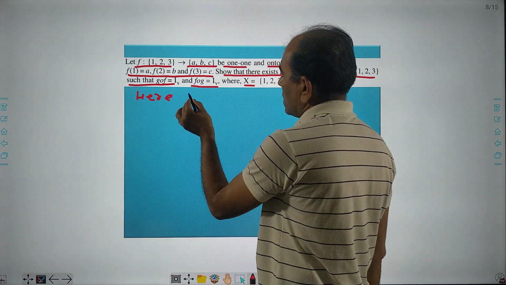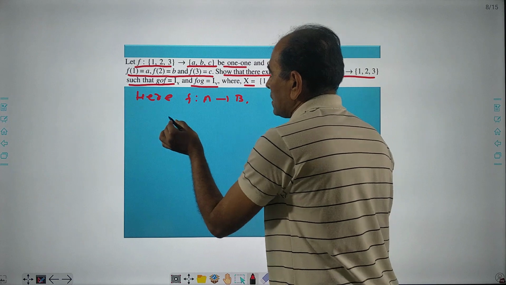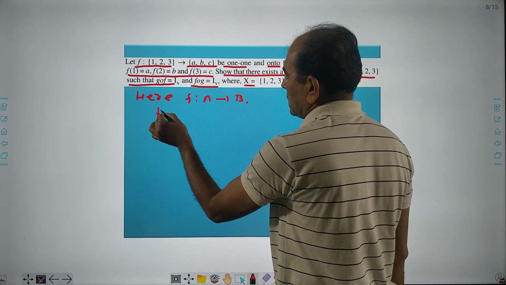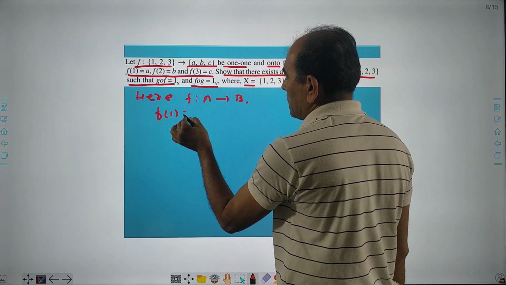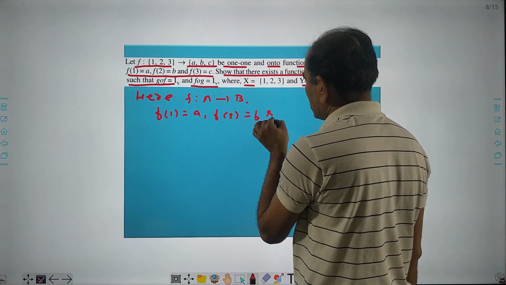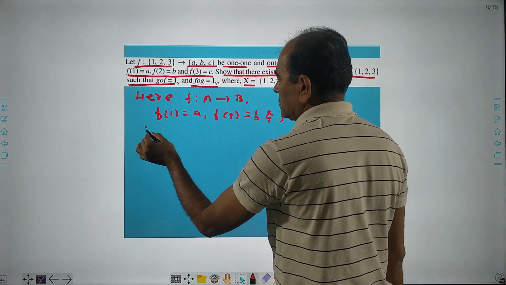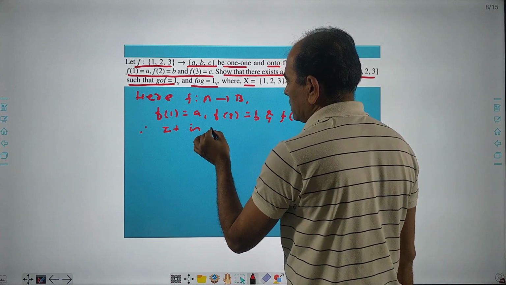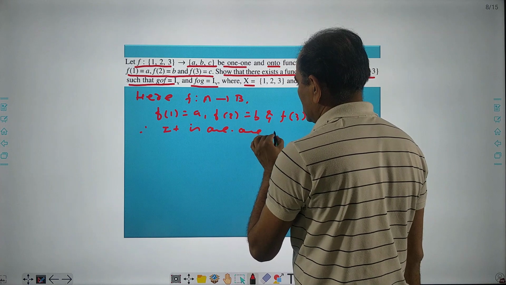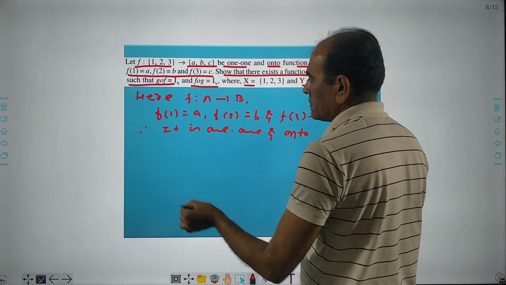Now see here, f is from A to B. f of 1 is equal to a, f of 2 is equal to b, and f of 3 is equal to c, and therefore it is 1-1 and onto.